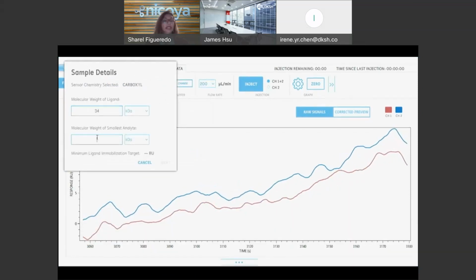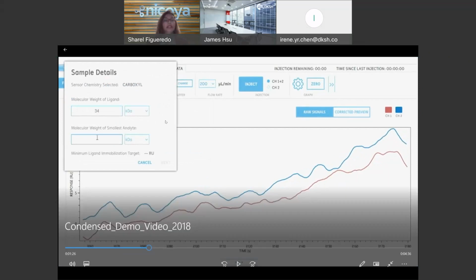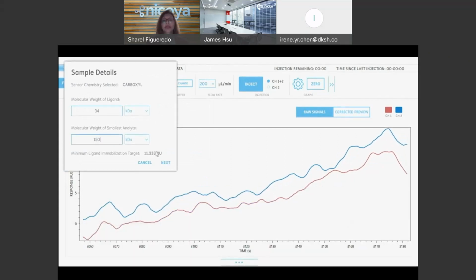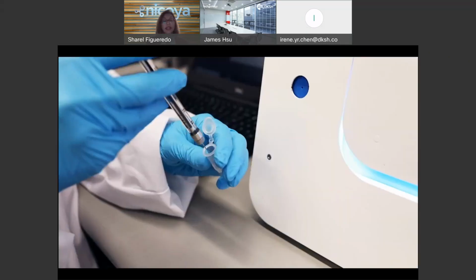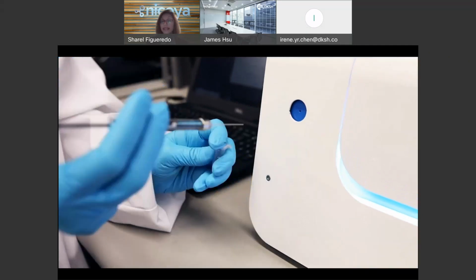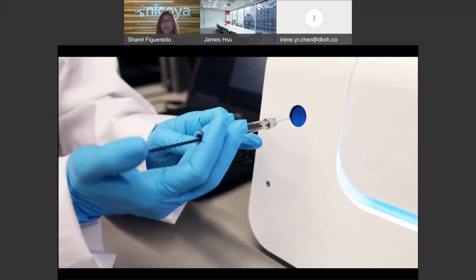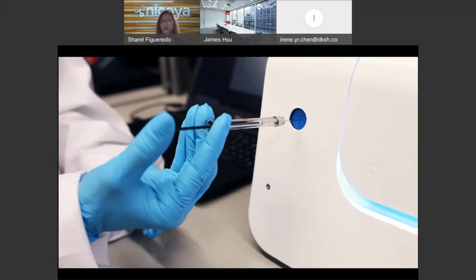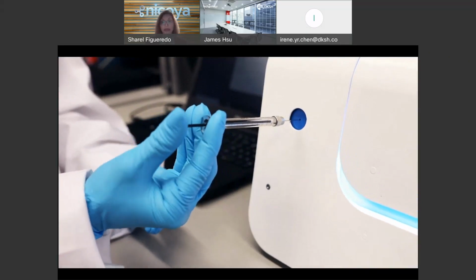What's nice here with the ligand wizard, after you've input the various required parameters, such as the molecular weight of the ligand and the analyte, is that the software is able to control the flow rates and the channel to which the reagents need to be added automatically. Should you not wish to use the ligand wizard, you're able to do this manually as well.